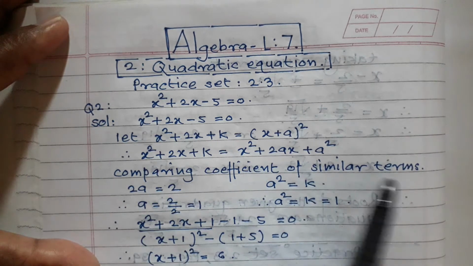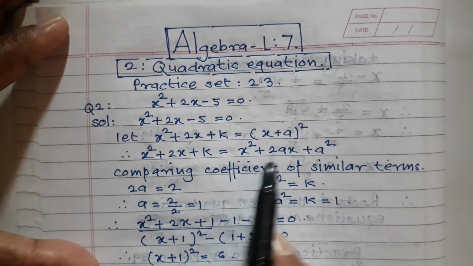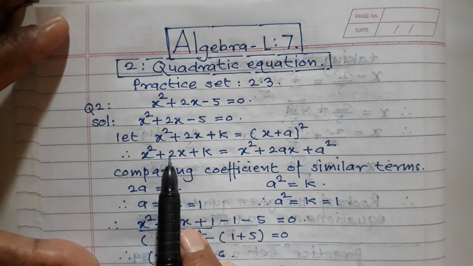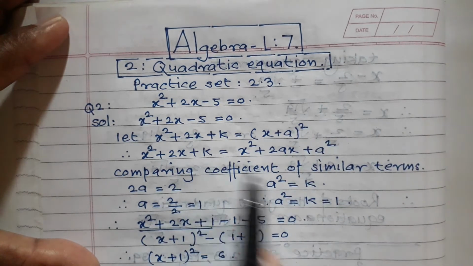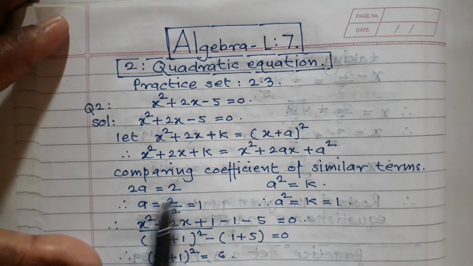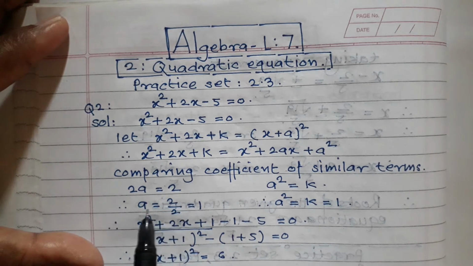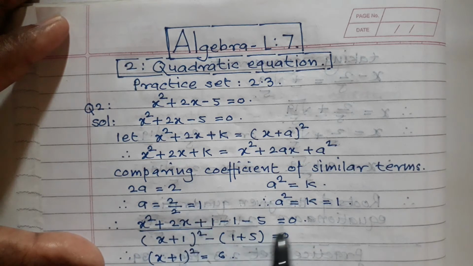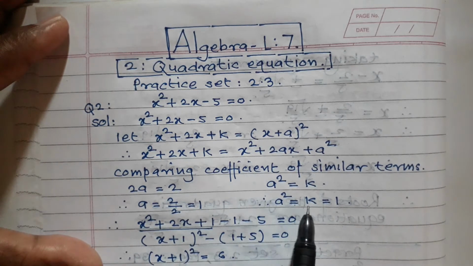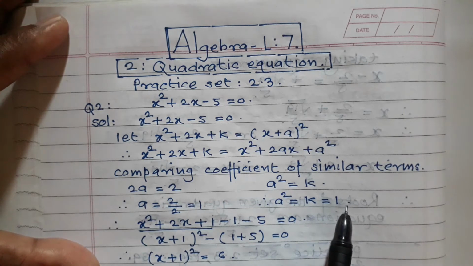Then comparing the coefficient of similar terms, 2a is equal to 2 and a square is equal to k. Now 2a is equal to 2, therefore a is equal to 2 upon 2, which is 1, and therefore a square is equal to k is also equal to 1.